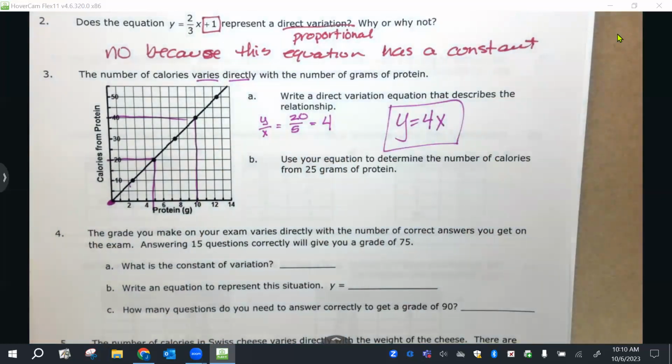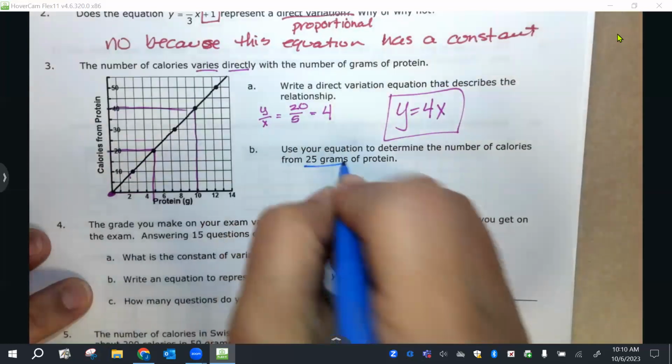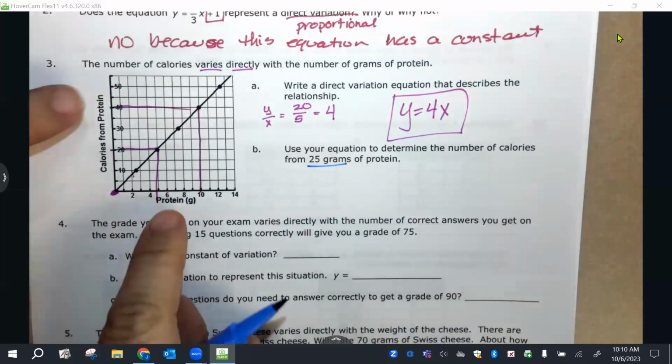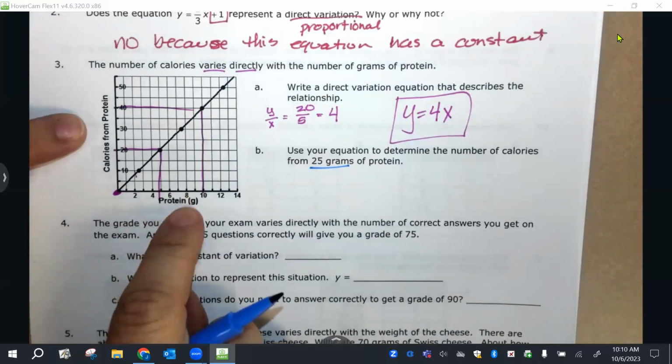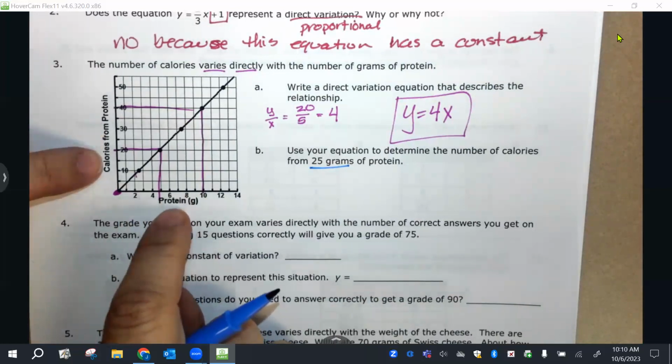Part B says use your equation to determine the number of calories from 25 grams of protein. Well, the first thing I want to figure out is grams. Where does that fall? Is that my X or is that my Y? Now, Y says calories from protein.